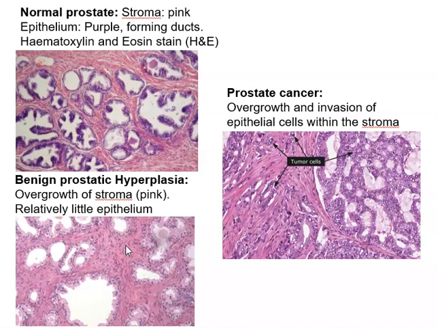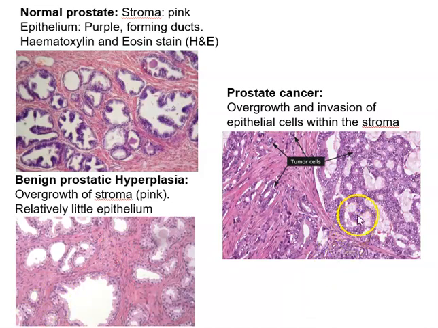So the symptom of this disease is the inability to urinate because of all of this bulk of fibromuscular stroma and also the contractility of that stroma bearing down on the urethra. So therapies for benign prostatic hyperplasia can be drugs that prevent this contractile activity, and also surgical means of boring a hole through the prostate, which is really quite unpleasant.